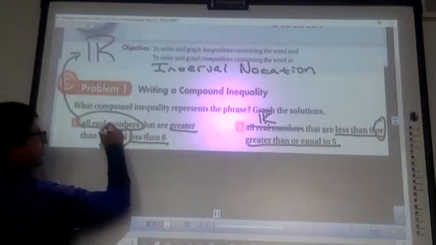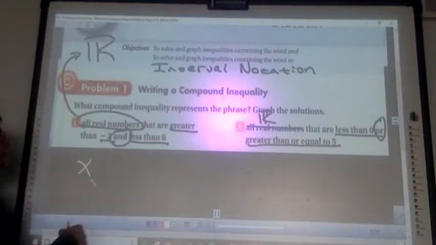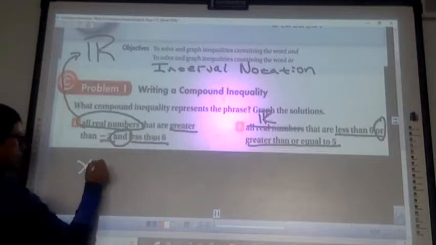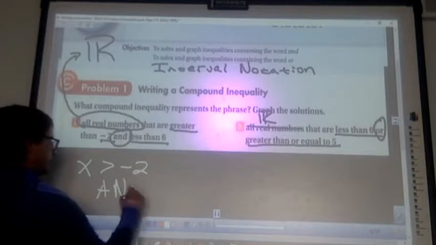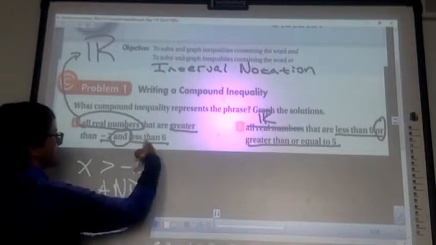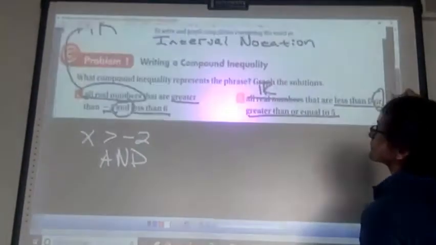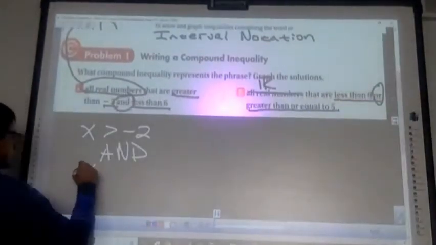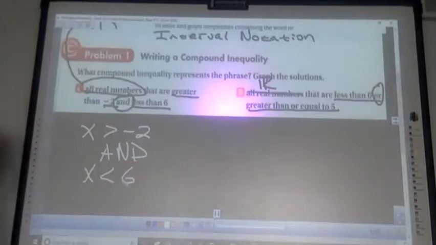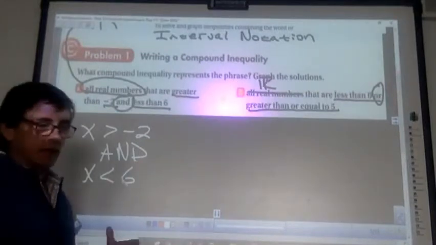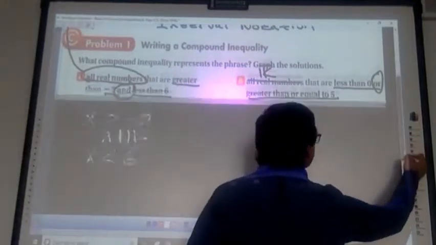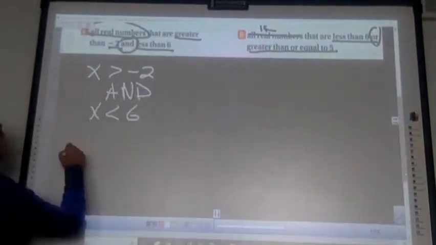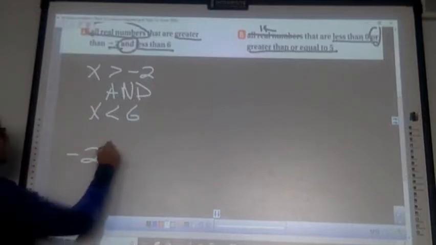So we have all real numbers. That's what our x is going to be, greater than -2 and less than 6. But when you have these and inequalities, you have to write them together. When we do write them together, you put the small number on the left.